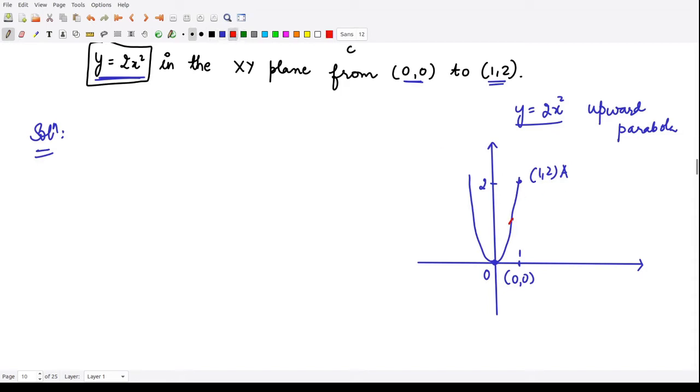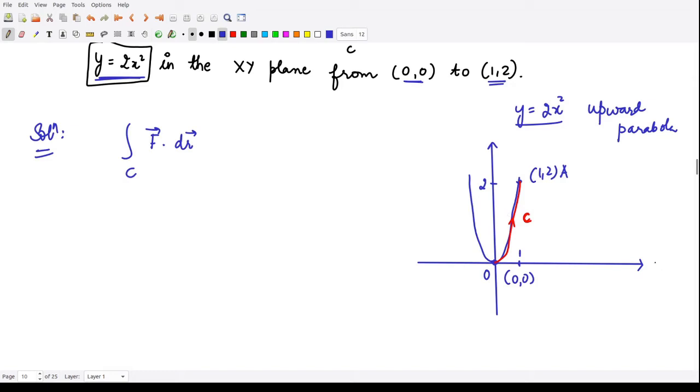That means we are traveling from (0, 0) to (1, 2). So this is our curve C that we are to look at. Here we are to calculate the integration over C of the vector F dot dr, such that this C is the red curve which I have drawn over here.